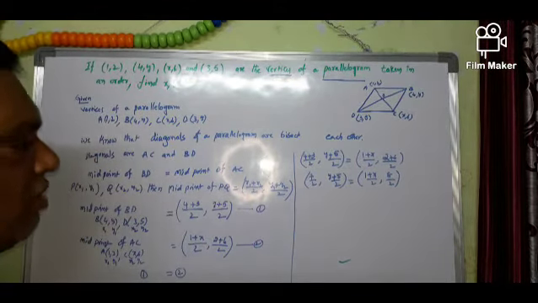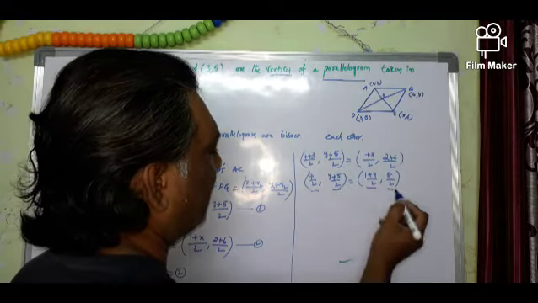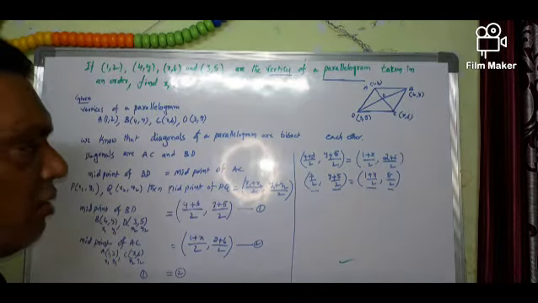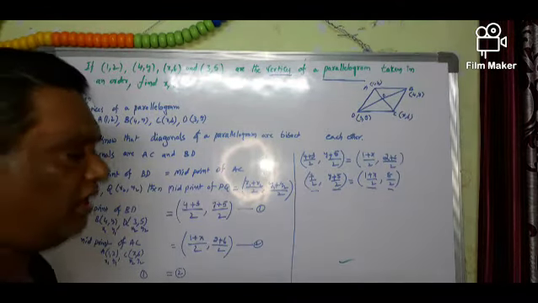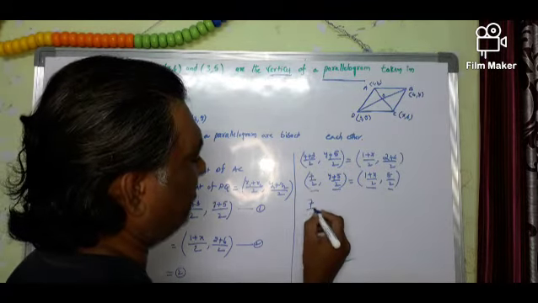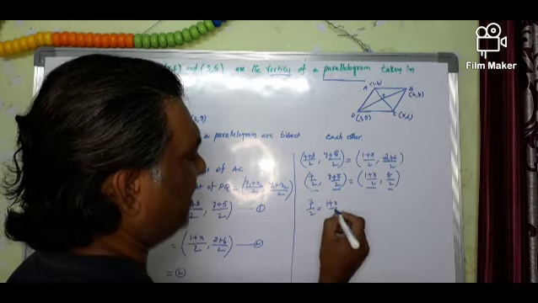Comparing the x coordinates and y coordinates. So 7 by 2 is equal to (1 plus x) by 2.